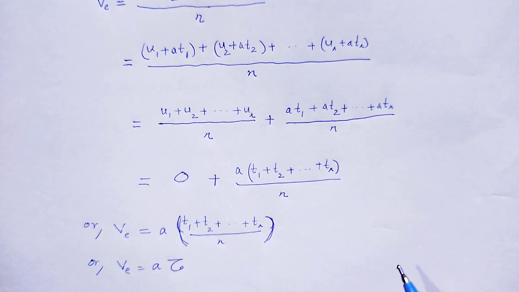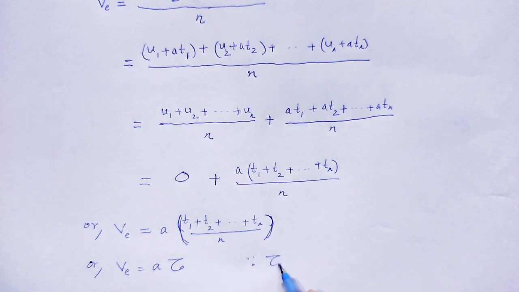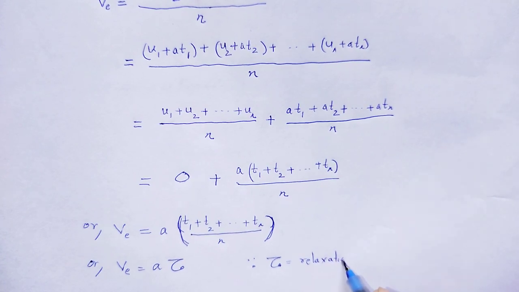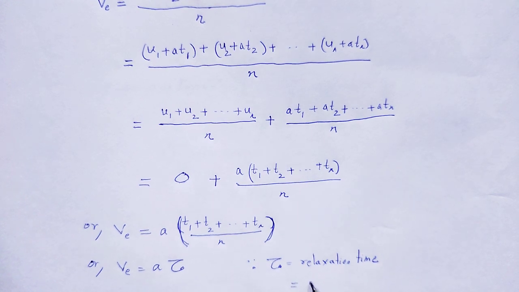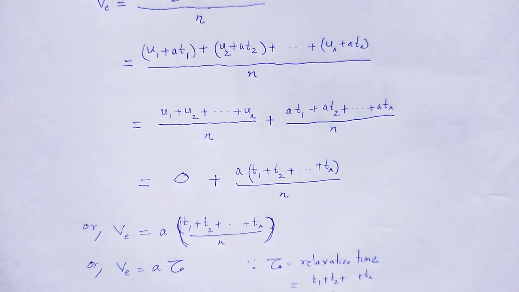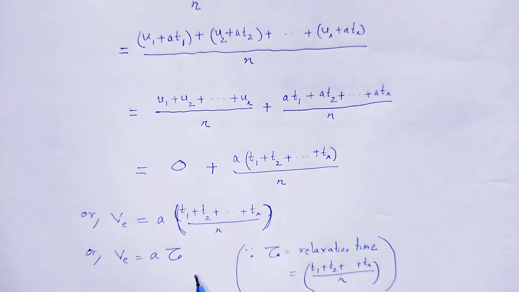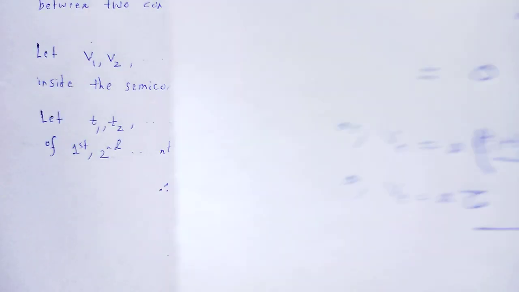Tau is the average time, which is known as the relaxation time, where tau, the relaxation time, is equal to (t1 + t2 up to tn) divided by n. Equation number 6.